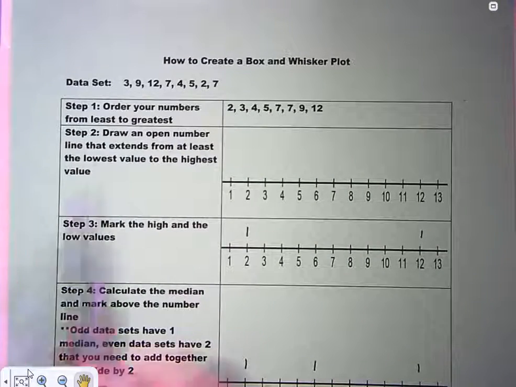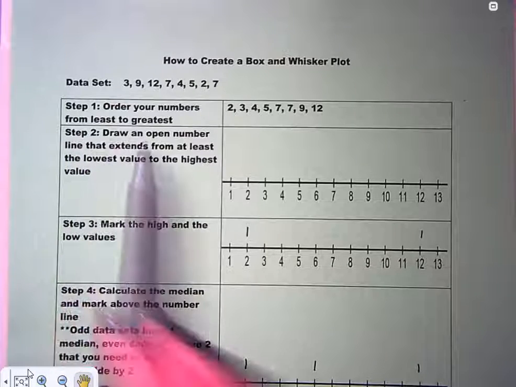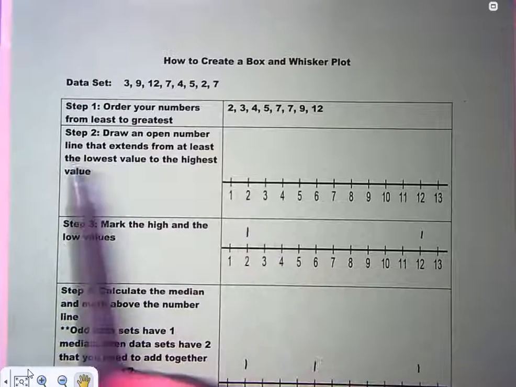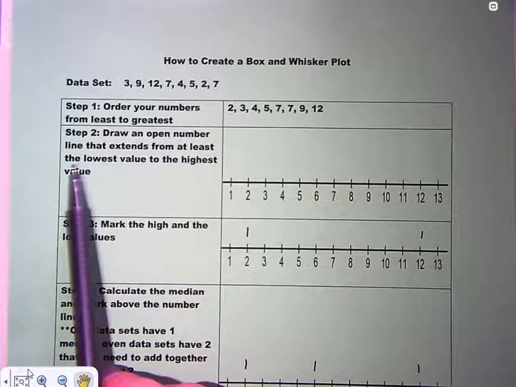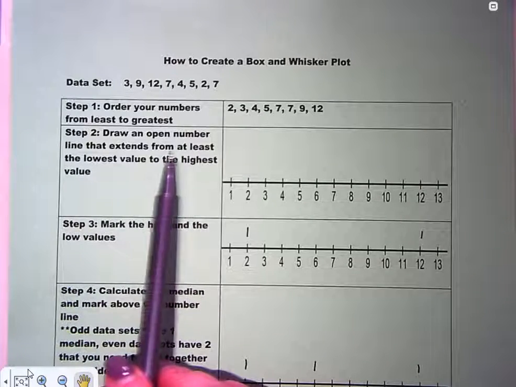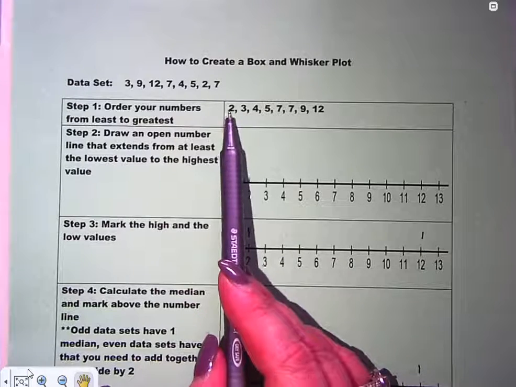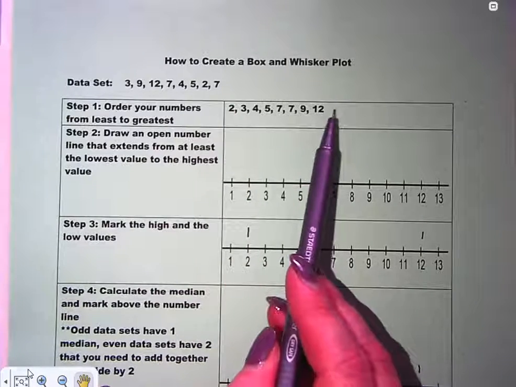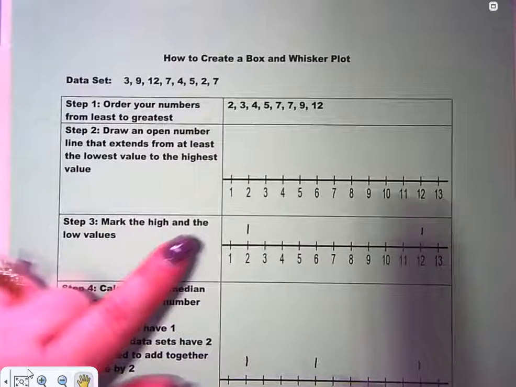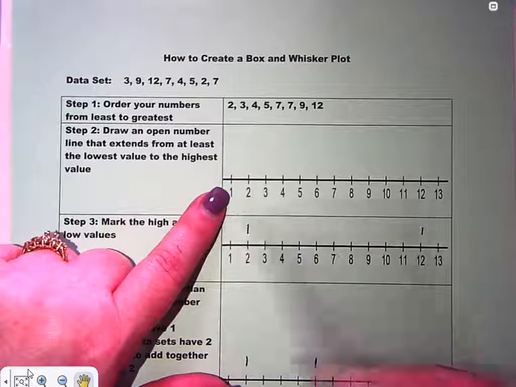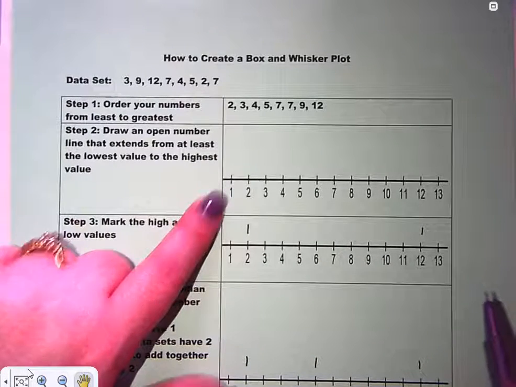Step 2, draw an open number line that extends from at least the lowest value to the highest value. So we want an open number line that goes from at least a 2 to a 12. Our number line goes from 1 to 13, so that works.